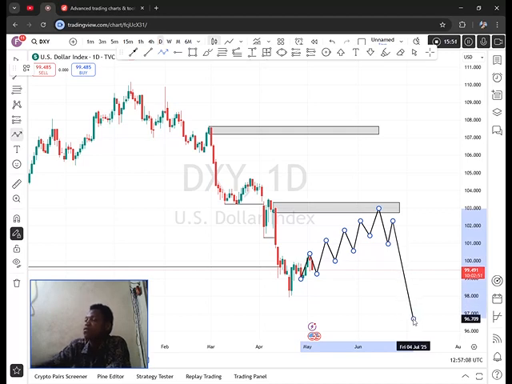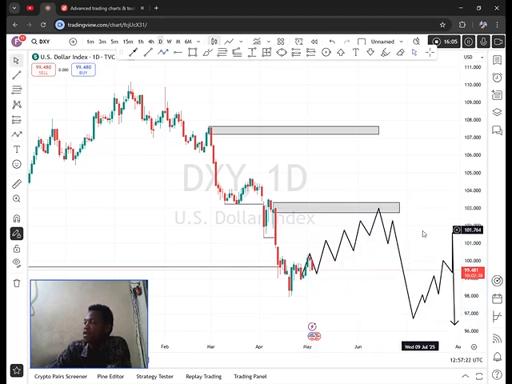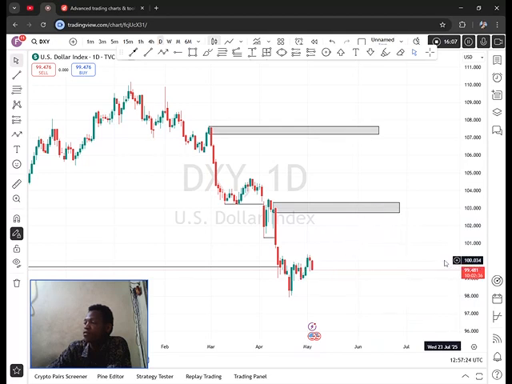The controlling selling break of structure gives us another order block here. Price will probably retrace like that.